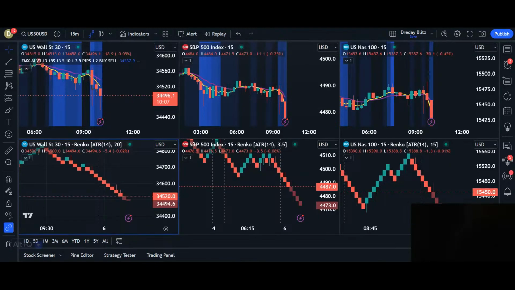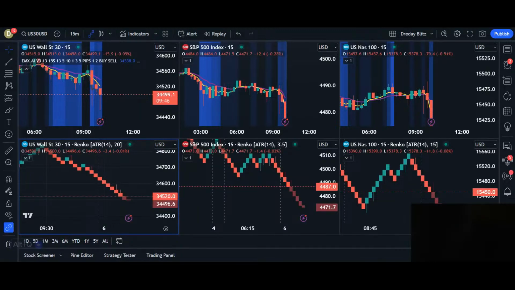Perfect. If you have any questions, just put it in the chat, and I'll see it. But like we said, US30 and S&P 500 are still tanking right now, and NAS 100 too.